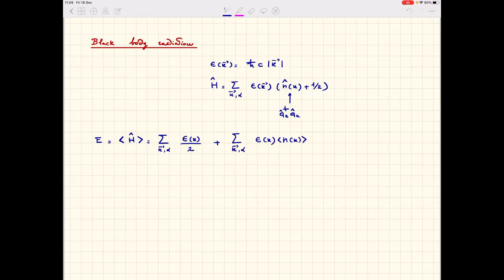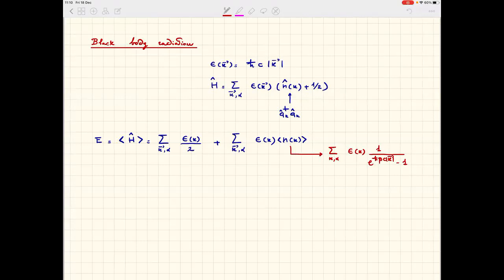And what is the average n of k? Well, as I told you, we are dealing with bosons. And therefore, this is the sum over k and alpha of epsilon k times 1 over e to the h bar beta c k minus 1.